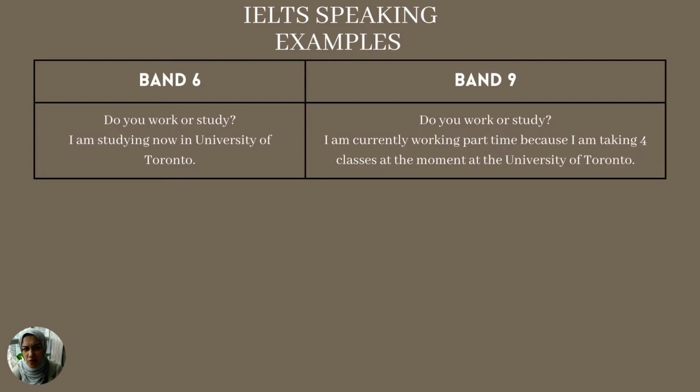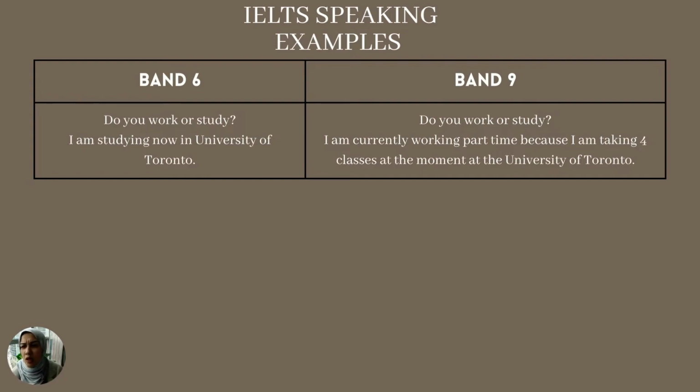Do you work or study? A band 6 score answer would sound like, "I am studying now in University of Toronto." However, a band 9 score would say, "I am currently working part-time because I am taking 4 classes at the moment at the University of Toronto."